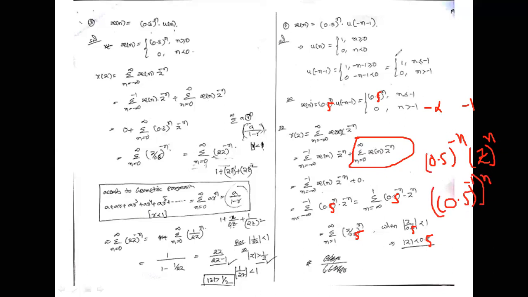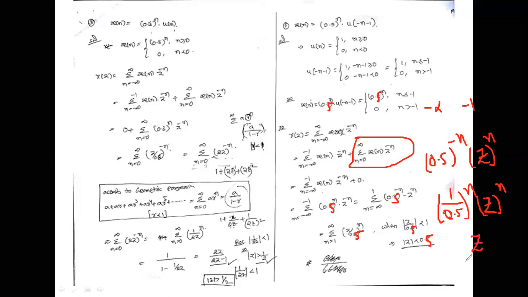Now we can change this as 0.5 whole power minus 1, whole power n, nothing but 1 by 0.5. Okay, I will show this in this term only. So 1 by 0.5 whole power n and z power n. I'm changing this negative by keeping the 0.5 in the denominator.